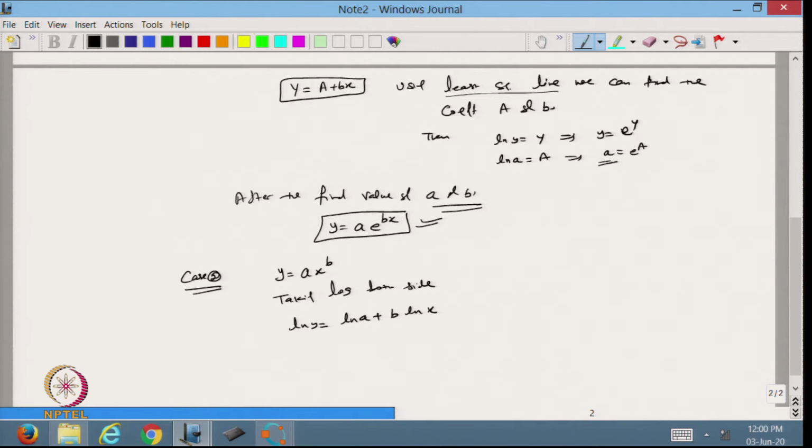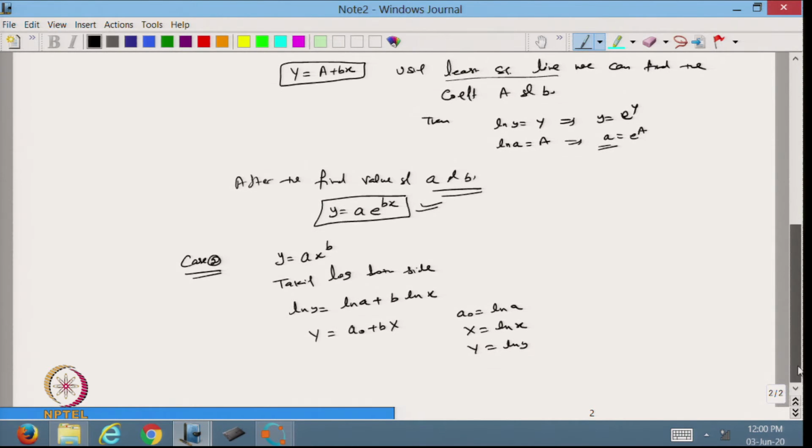Now, from here I will write Y is equal to a0 plus b X, where a0 is ln a, capital X is ln x and capital Y is ln y. So, once I get this, this is the corresponding line I am going to have.